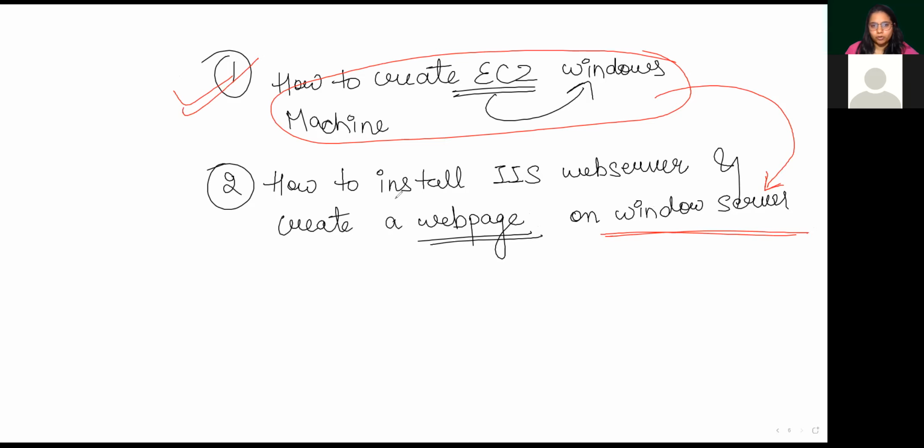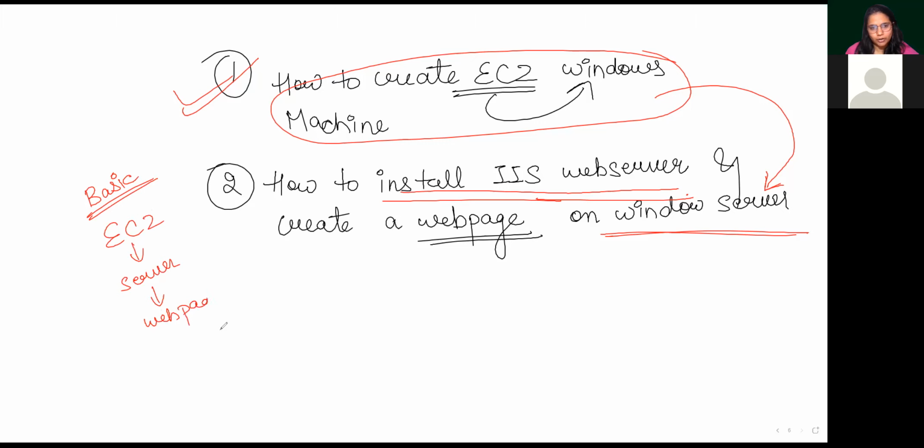Now, when we talk about how to install IIS web server, this is a very basic thing you should know. You should know how to connect your EC2 instance with the server and then create some web pages, like you are trying to create a website inside an EC2 instance.